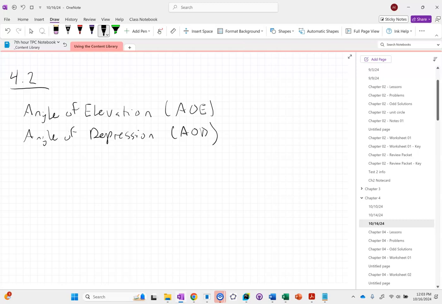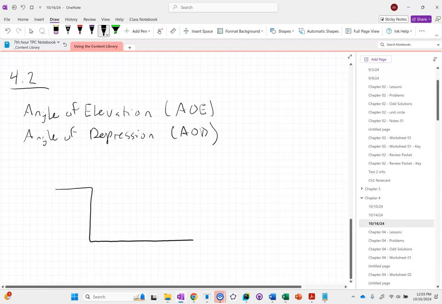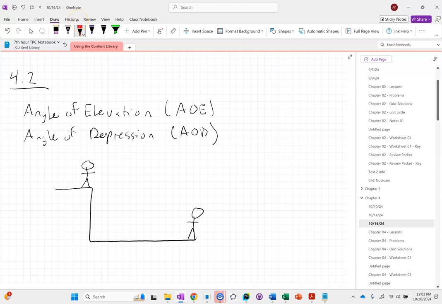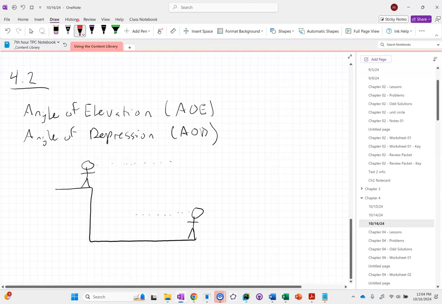Instead I'm going to give you the visual definition of what they are. Is that okay? So let's say we have two people, one person standing up high and the other person standing down low. And let's just say they're looking straight ahead. So that's their normal line of sight, right?